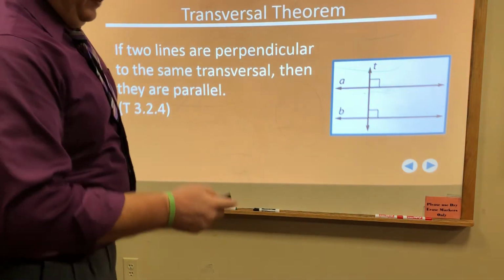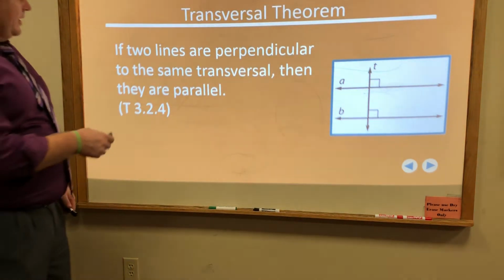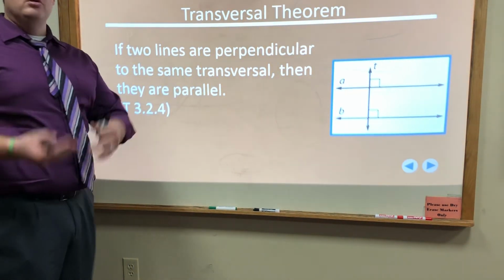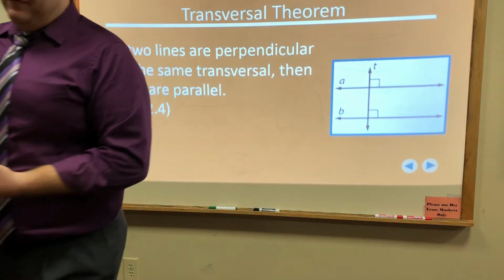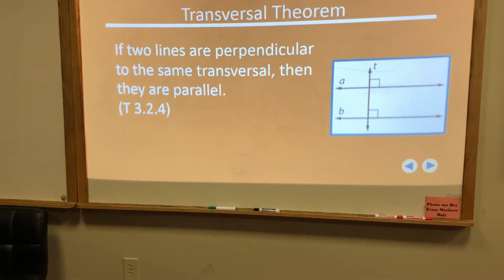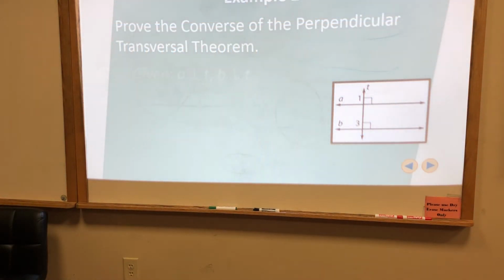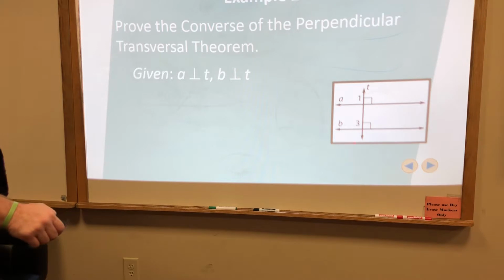So now watch carefully. What we're going to be proving is that they are parallel. So we're going to prove these lines are parallel. What makes them parallel? Well, if you have angles that are congruent or something of that nature. So we're going to go through this here carefully. So our given is that AT are perpendicular and BT is perpendicular.